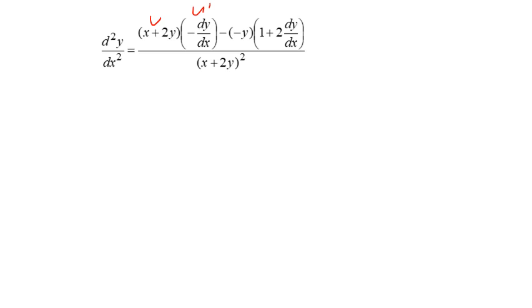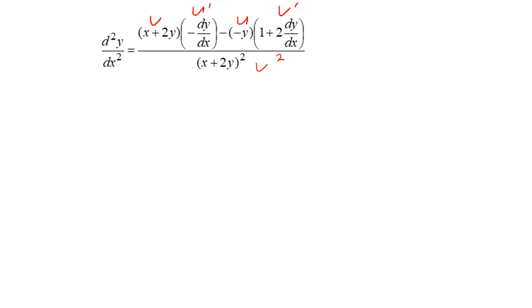Remember the numerator has negative y, so that's why it will be negative dy/dx. And then here minus u v prime. So differentiate x to get 1, differentiate 2y to get 2 dy/dx. And then divide by v squared, so v is x plus 2y, squared.